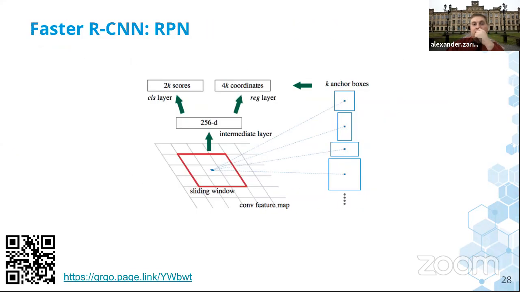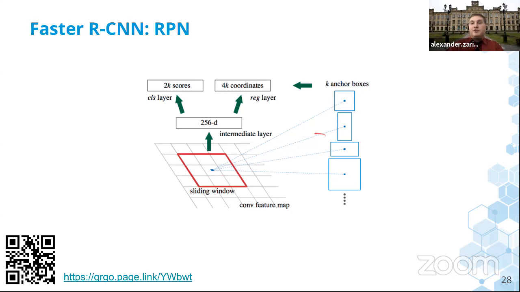Okay, what is the difference between anchor-based and anchor-free approaches? So the basic difference is that anchor-based approaches are trying to simplify the task of detecting possible regions where our objects are located by simply predefining a set of bounding boxes.